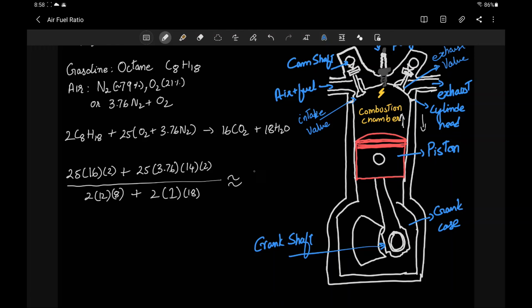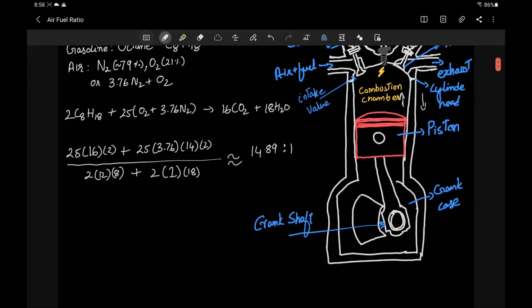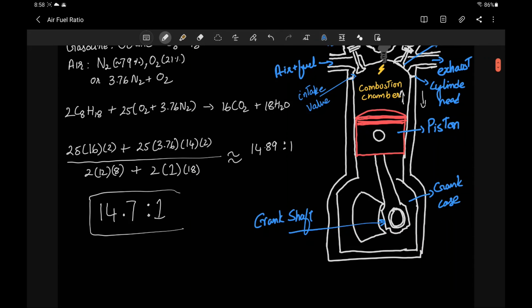This comes to 14.89 to 1. But since we did these approximations, technically what the industry standard believes is 14.7 to 1. So this is your air fuel ratio.